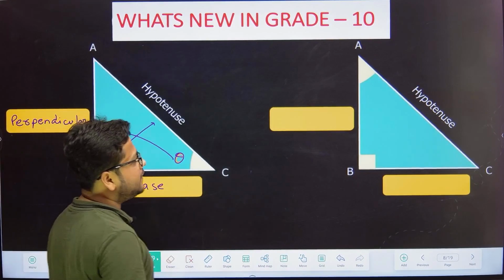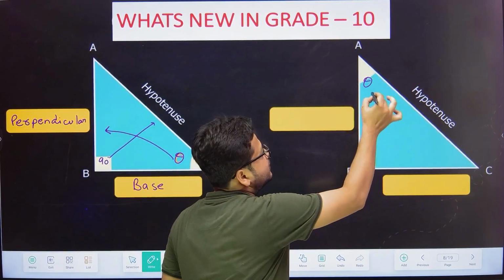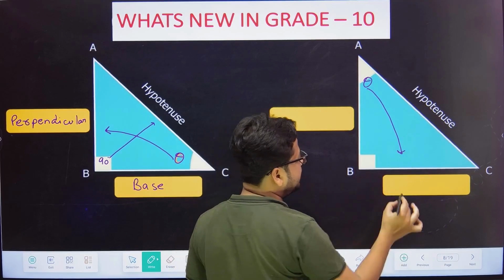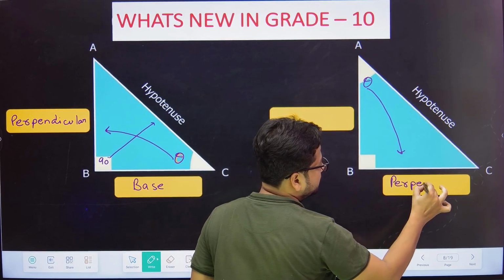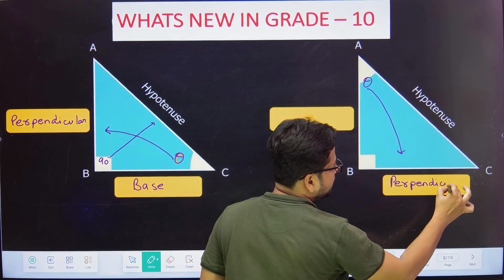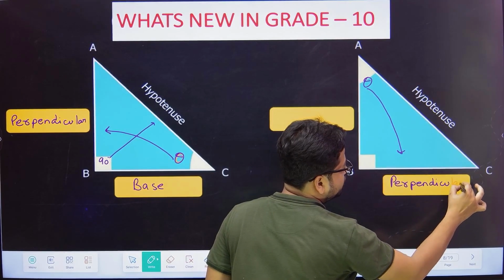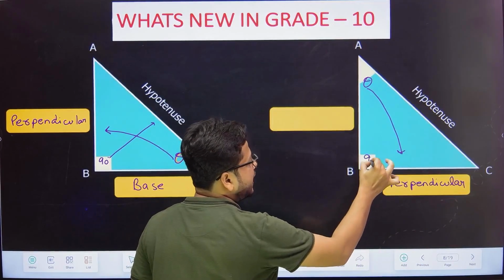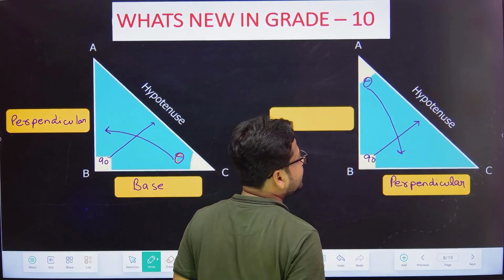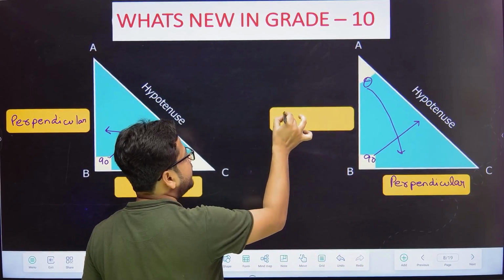But if I say this is the angle under consideration, the side opposite to it is called perpendicular. Side opposite to 90 degrees is always hypotenuse and the remaining third side will be base.